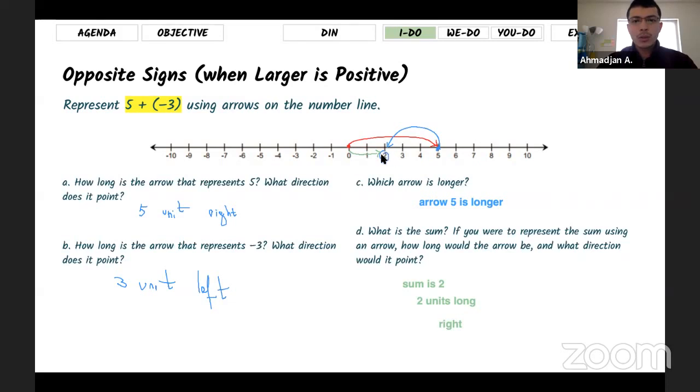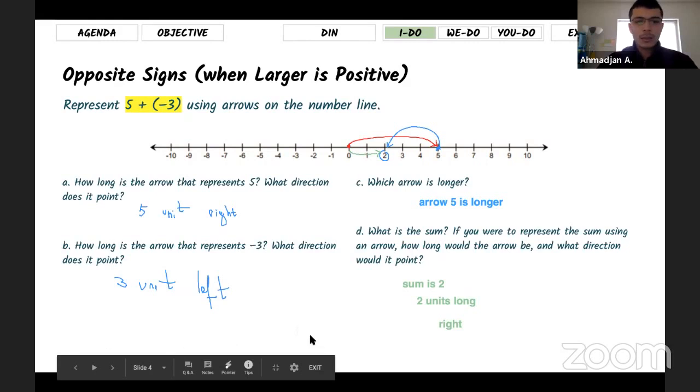That's why your sum will become positive. The shorter arrow is the negative arrow, the arrow that is going left, and it's the opposite of the sum that you find.